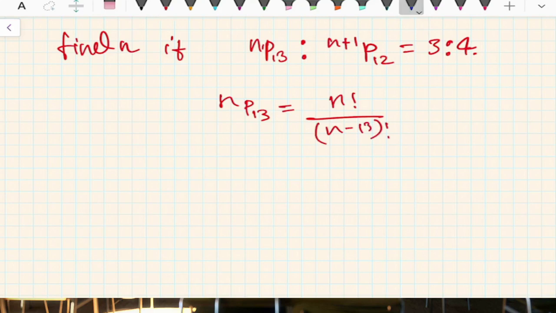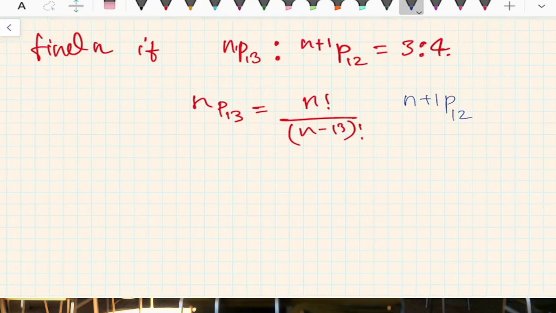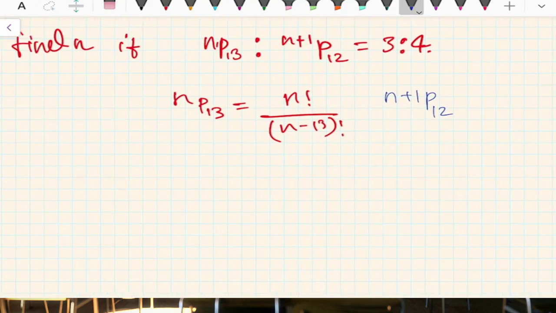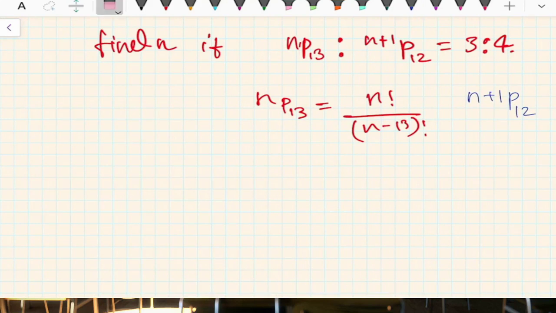And what is (n plus 1)P12? It is the same, a bit different, I guess. Let me just see what it is. I'll just do it downwards.